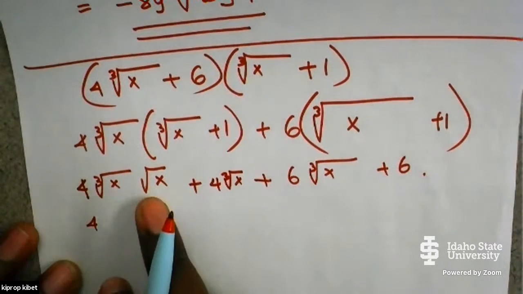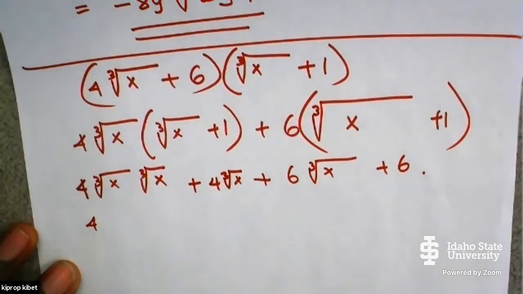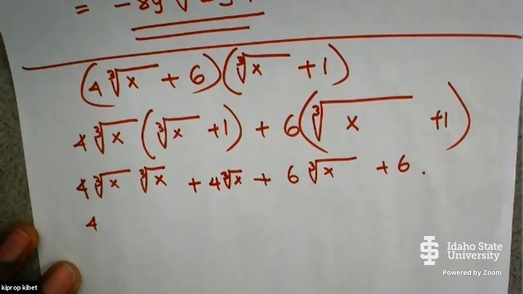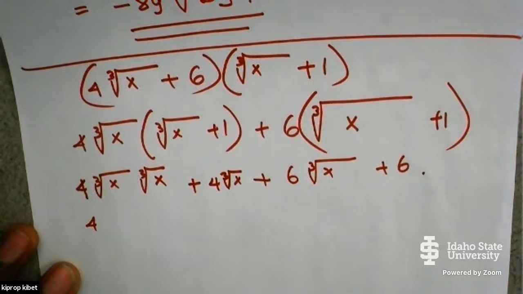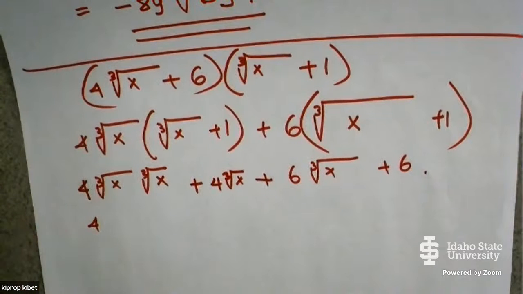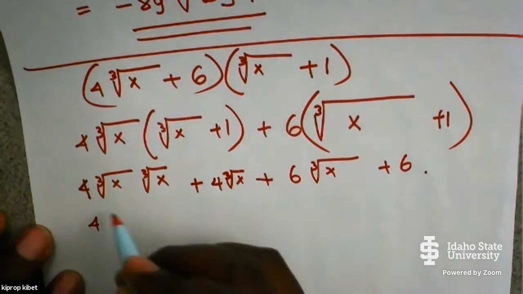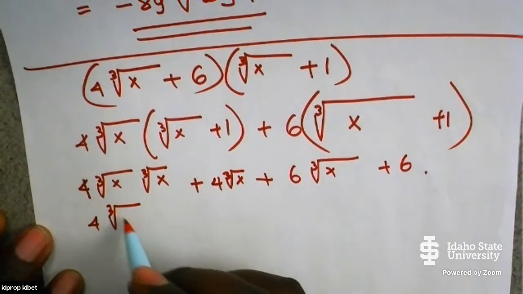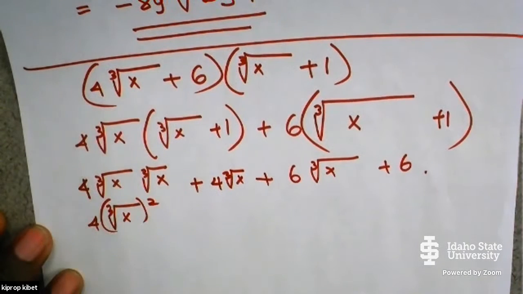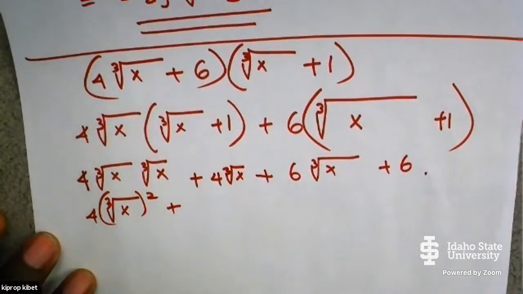The cube root of x times the cube root of x is what? Cube root of x squared. Yeah, the cube root of x and then square.